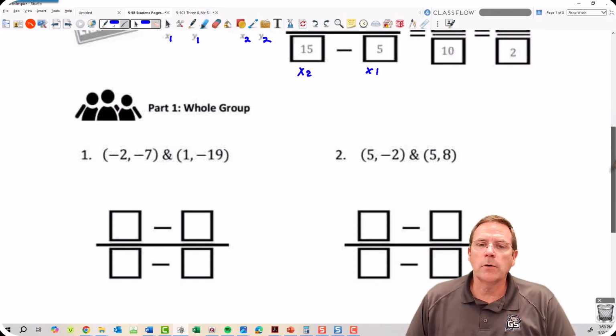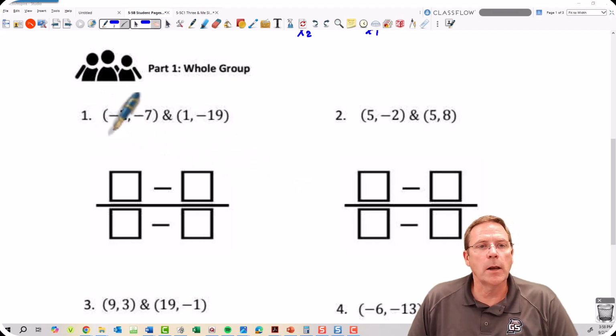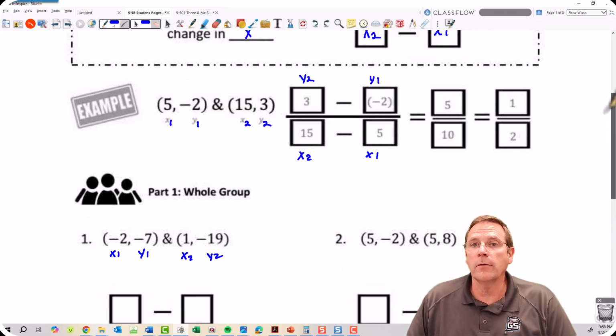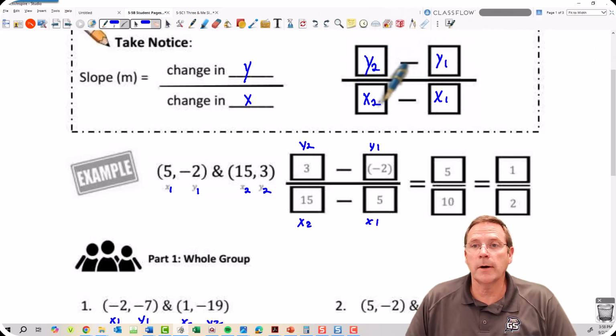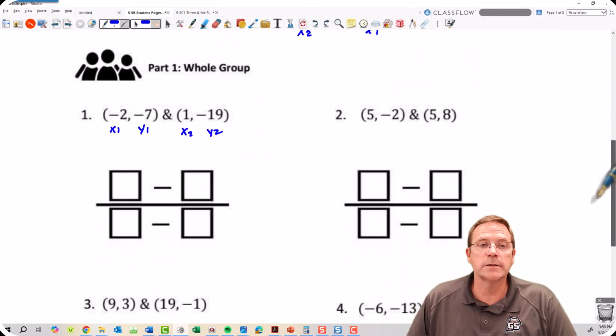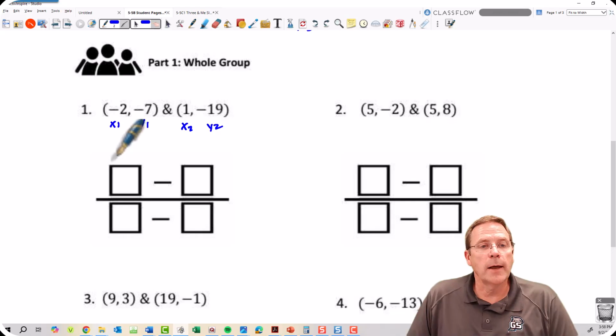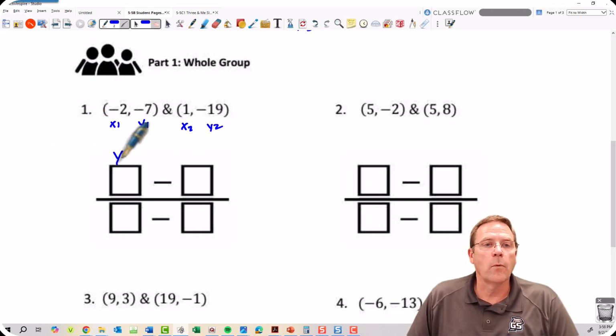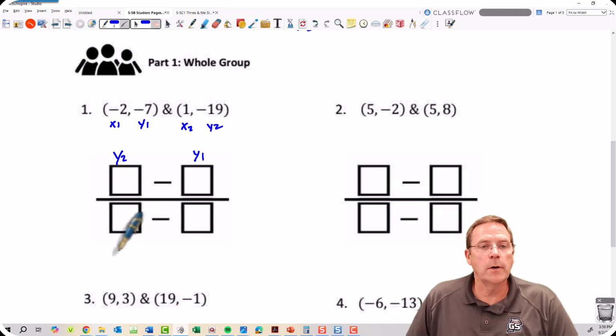Now we're going to do a couple of these together, and I'm going to label what I have. So this is going to be my x1 and my y1. This is going to be my x2 and my y2. I would really prefer if you were to use that formula that we have up here, y2 minus y1 over x2 minus x1. So when I do that, I'm going to even write it in here. We're going to call these y2, y1, x2, and x1.